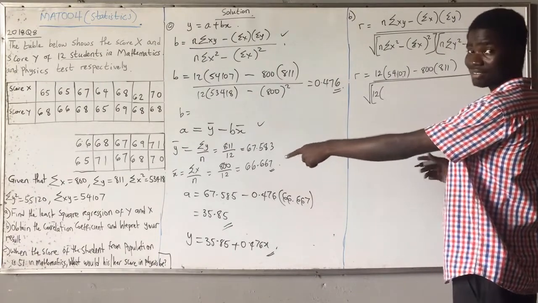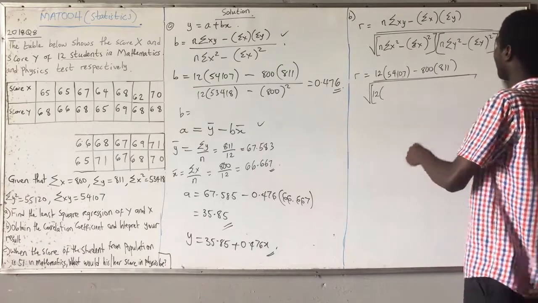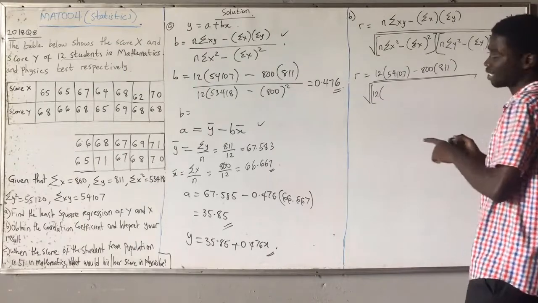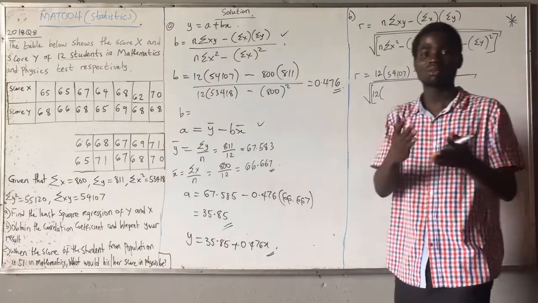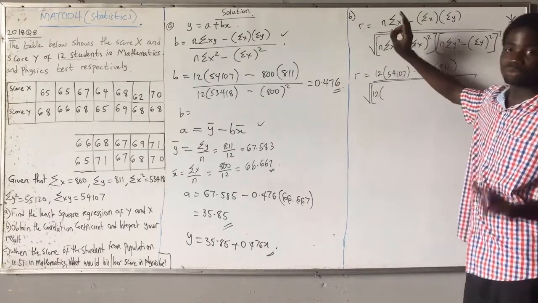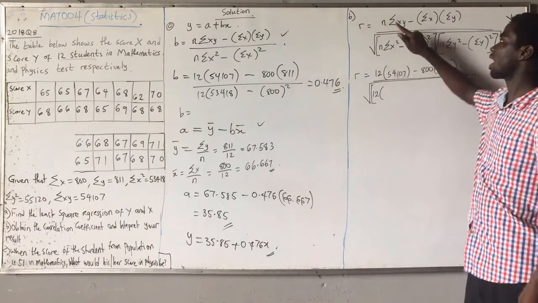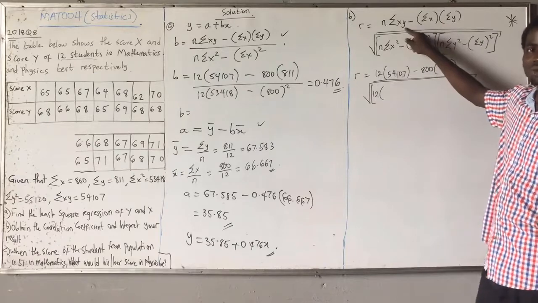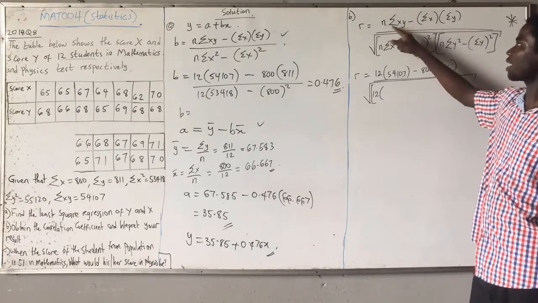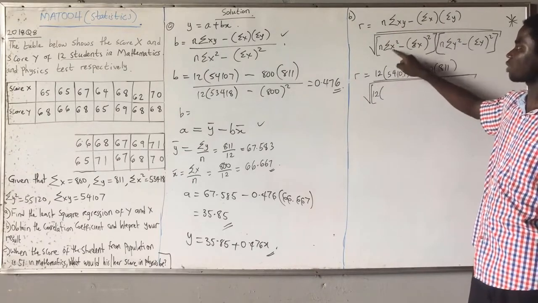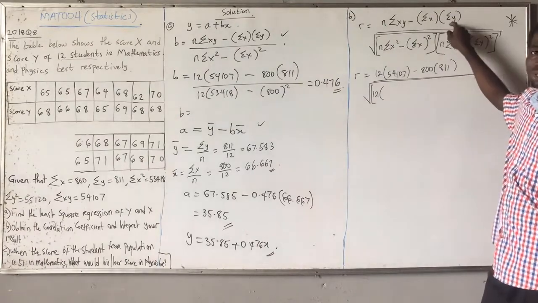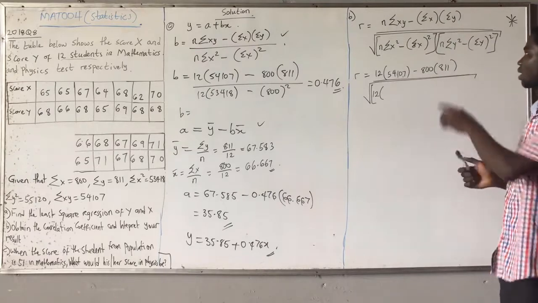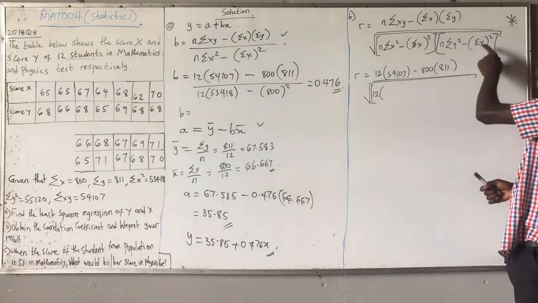That is, we have been given, just be putting the values there. And please take note of this formula. It's very important and it's simple. N summation of xy, and you see the two variables. N summation of xy, summation of x, summation of y. Then change it to one variable, put only x. This one will be n summation of x squared, minus summation of x all squared. Let it be only y as well. N summation of y squared minus summation of y all squared.